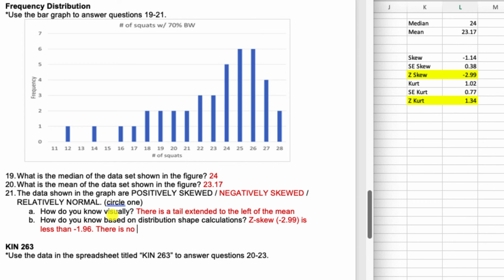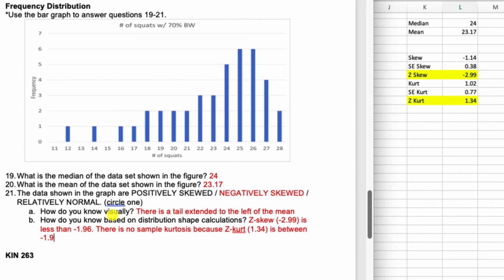There is no sample kurtosis because the kurt, which is 1.34, is between negative 1.96 and positive 1.96.